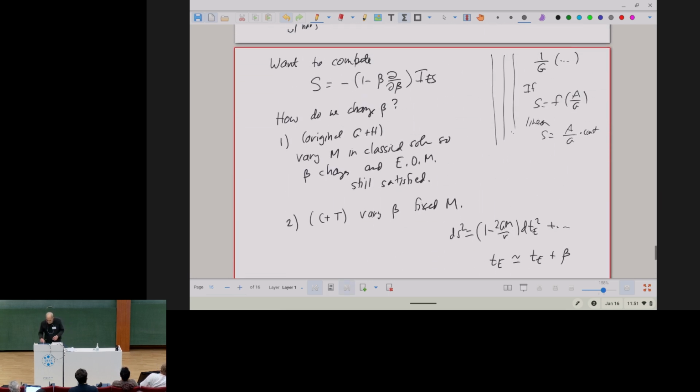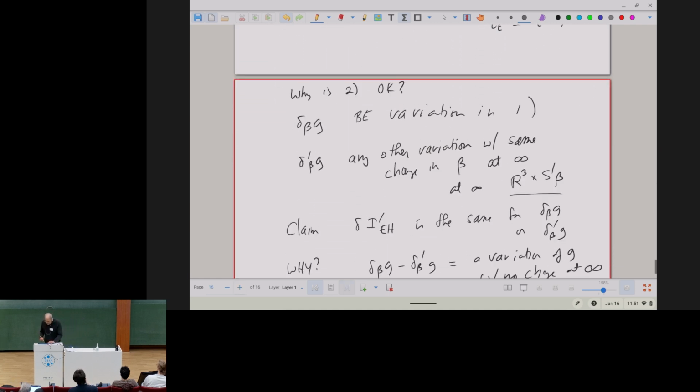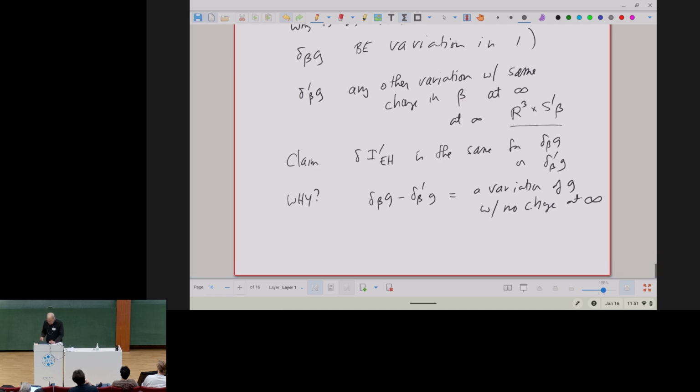But as I told you here, property number 1 of the improved Einstein-Hilbert action is that under any variation with no change at infinity, the change in the action is a multiple of the equations of motion in first order. And since the starting point is a solution of the classical equations, that means there's no change in the action if we change the metric by delta beta minus delta prime beta.